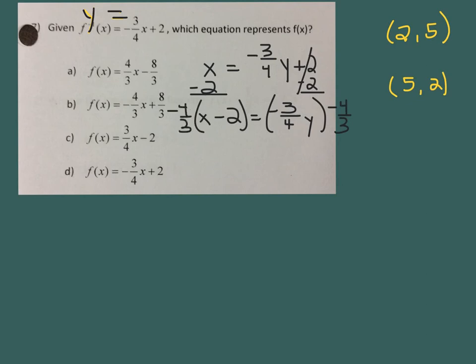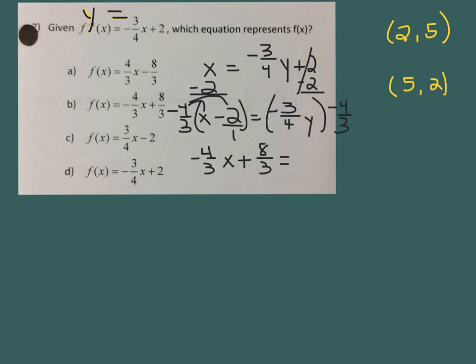Okay, so when I distribute, negative 4/3 times x is negative 4/3 x. Negative 4/3 times negative 2, I'm going to make that negative 2 over 1. So a negative times a negative is a positive. And then if we multiply our numerators, 4 times 2 is 8. And if we multiply our denominators, 3 times 1 is 3.